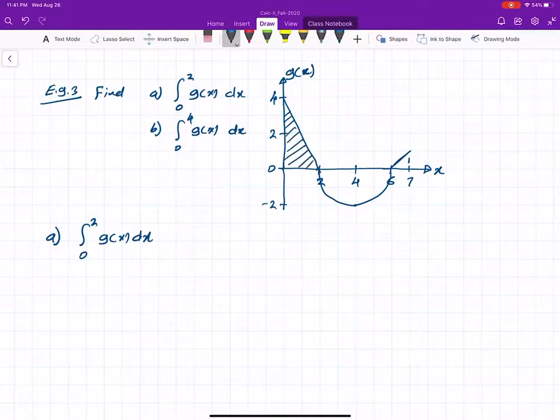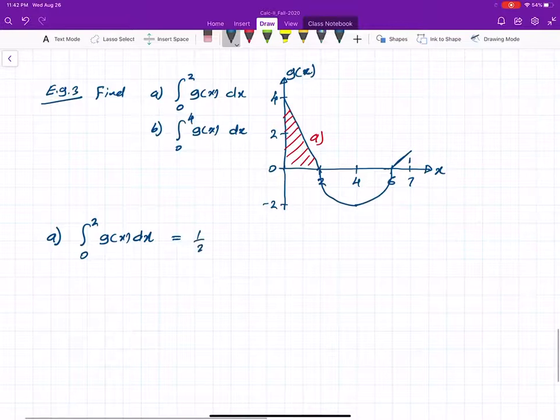Okay, that is part A. Now what you have to do is simply find the area of that triangle. The area of this triangle is half times the length of the base, multiplied by the height, which is 4. Which is very easy.